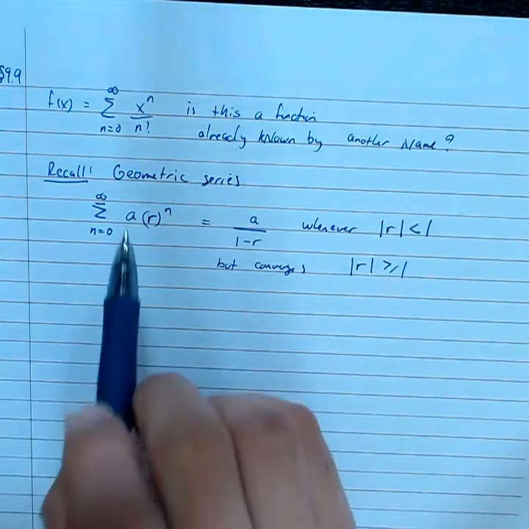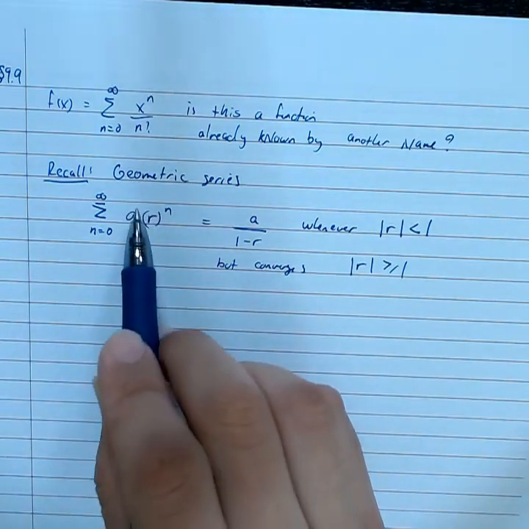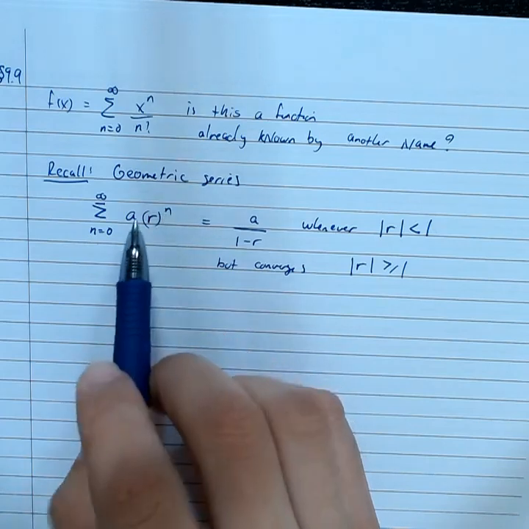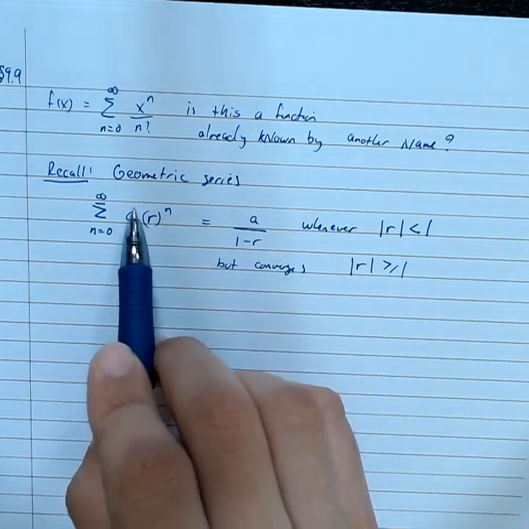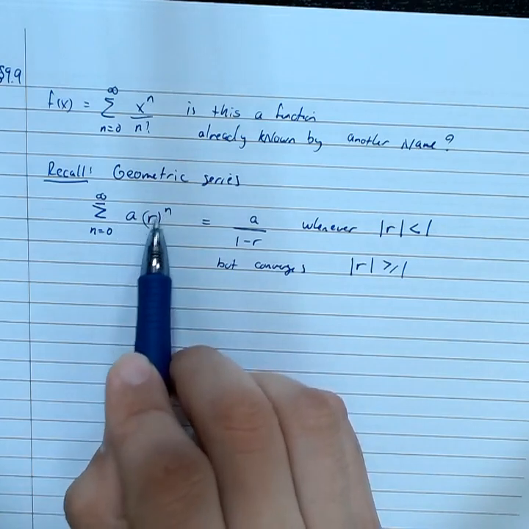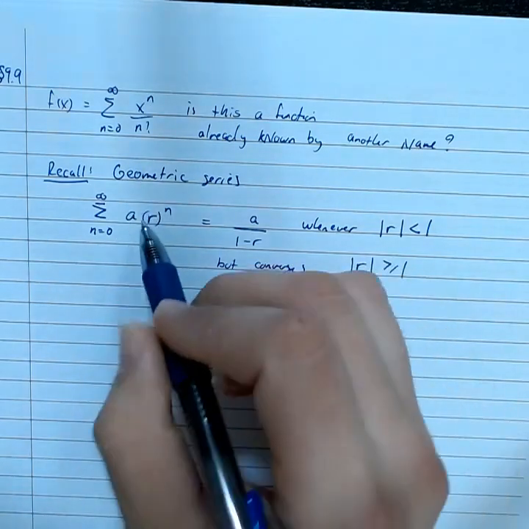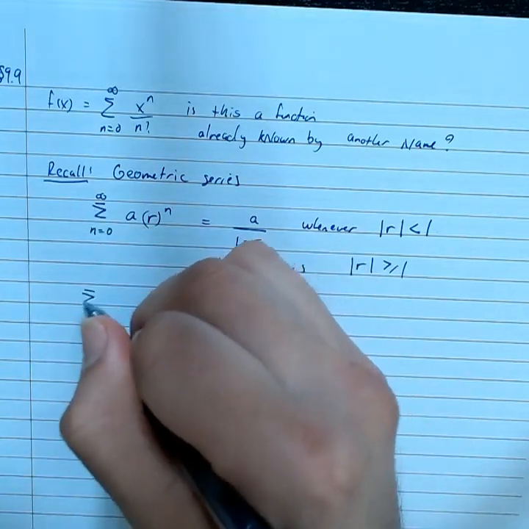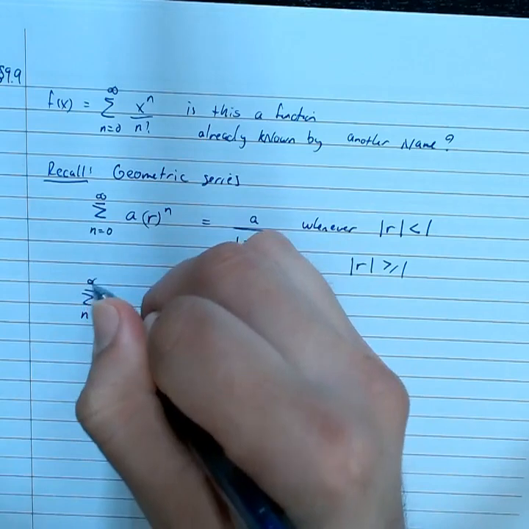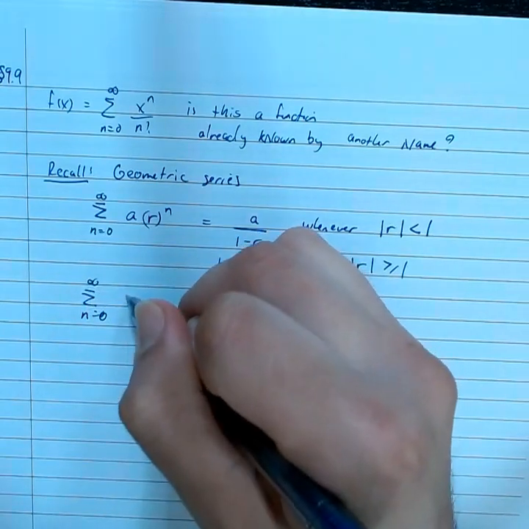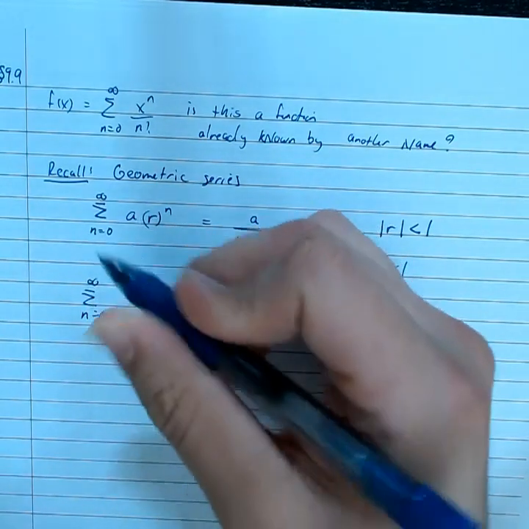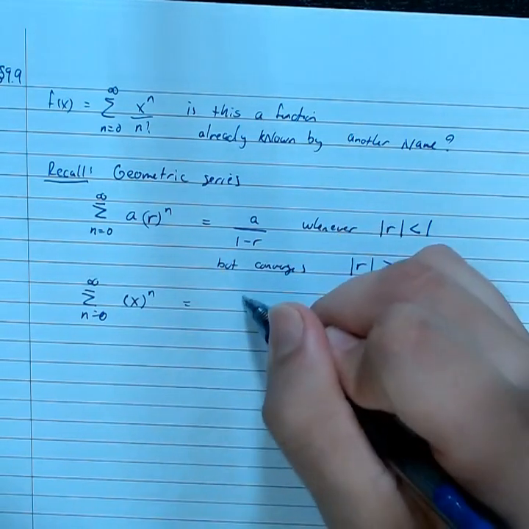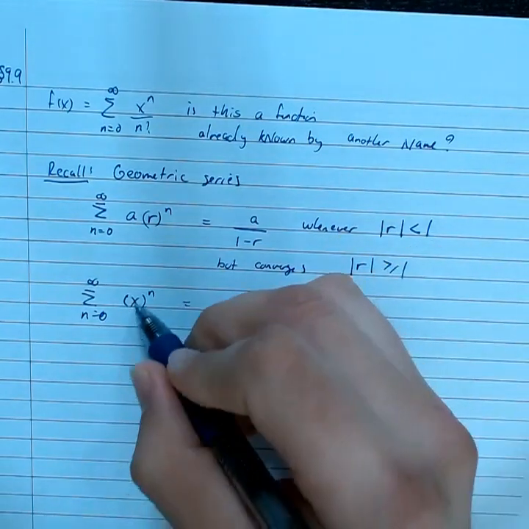Well, notice that this is a constant, and that's a constant to a power. That looks like a power series. This looks like a constant times x to a power. And in fact, if we were to treat this as a variable, if we take the series, n goes from 0 to infinity of, here I'll just use a as the number 1, so here I'll just say x to the power n, that's going to converge to 1 over 1 minus that x.